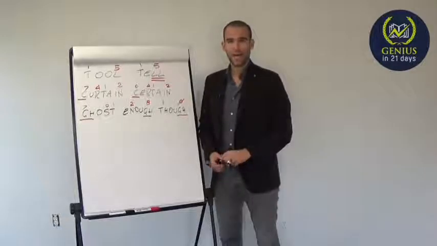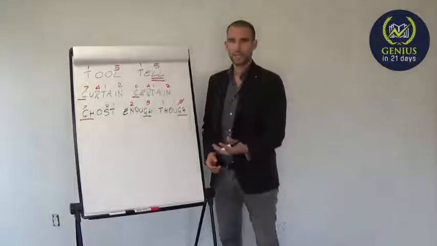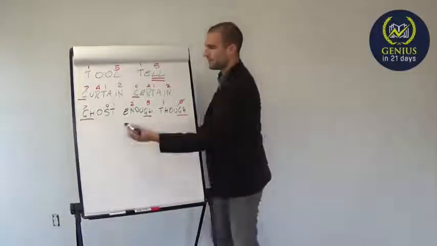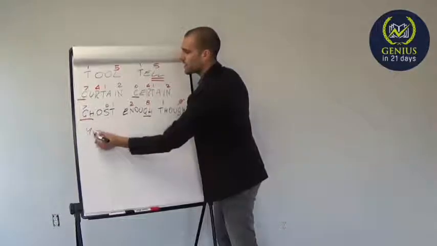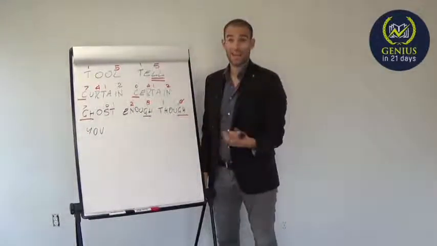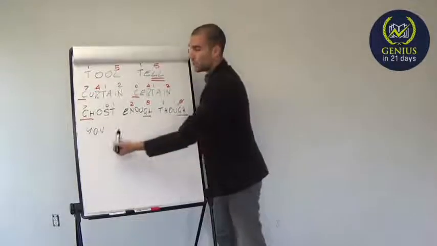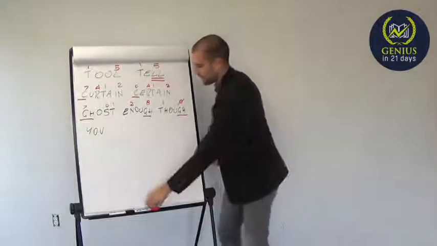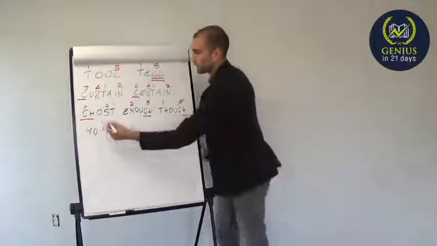Let me give you now a couple of words that you can find that maybe you would not know how to translate. First of all, if you have a word like you, as you can see, you don't have any sound from our list, so you don't translate it, like I said before for though.